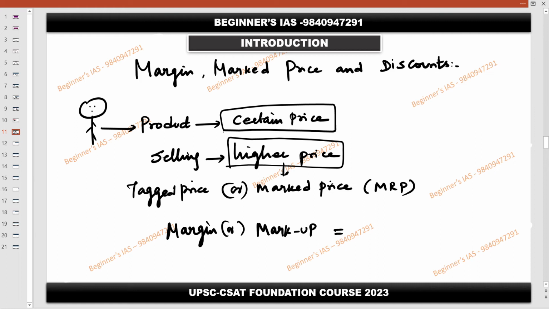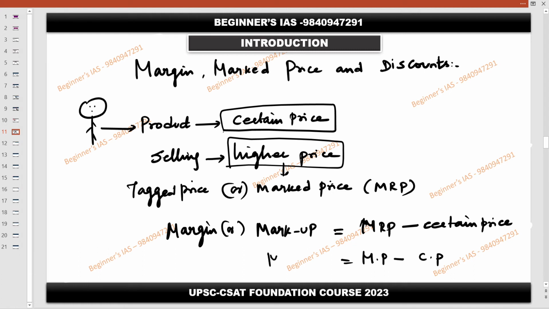Anybody know? So now listen carefully. MRP minus that certain price, the cost price, is nothing but the margin. So this can be written as MP minus CP.